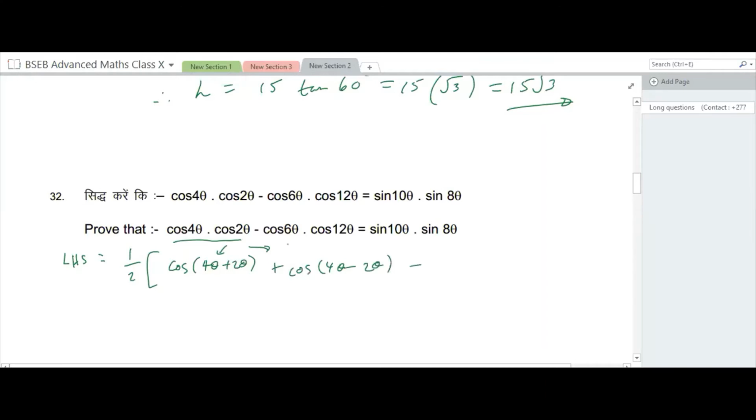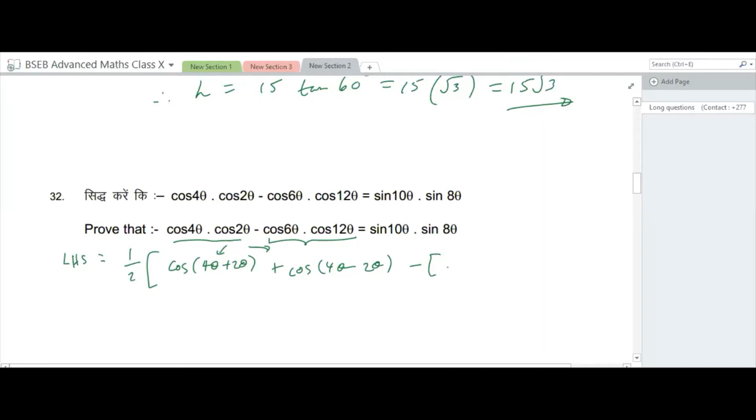Subtract, and same story here. Cos 6 theta, let's put it back in there, minus.